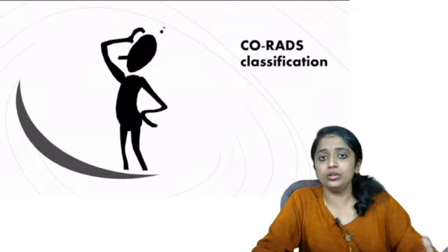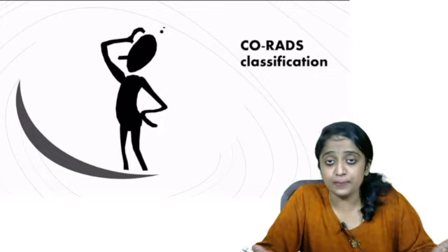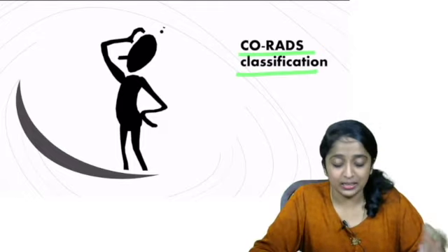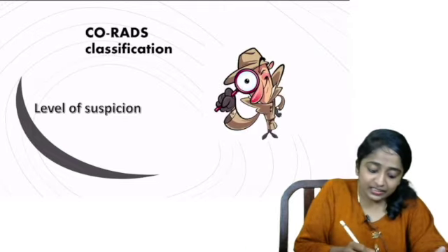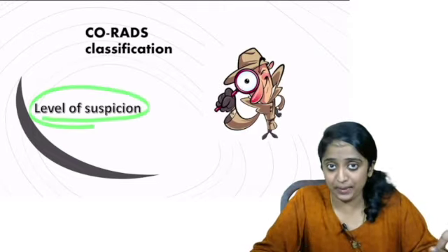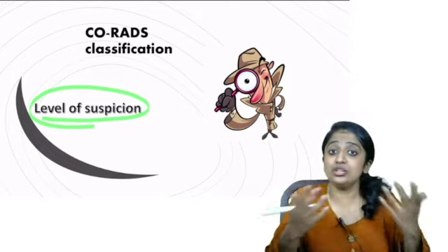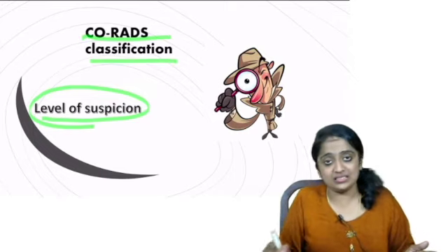So, before concluding, a word about CO-RADS classification. Many of us may come across a CT report saying CO-RADS classification. Does that indicate the severity? No. It indicates level of suspicion. So, you have a suspect case and you're taking imaging. You're getting features suggestive of COVID. For that, you can go for CO-RADS staging.